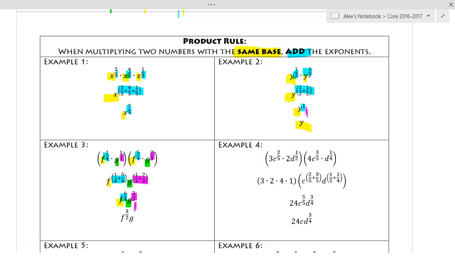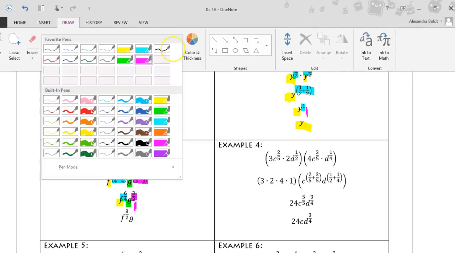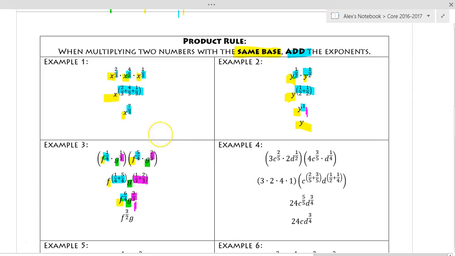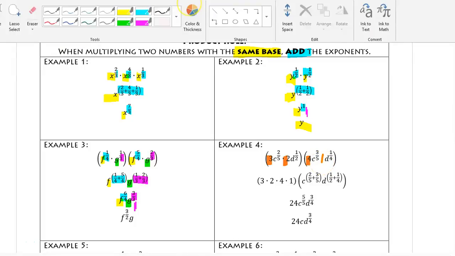All right, example 4 gets a little different because I have numbers, right? Now I have those coefficients out in front. So we're going to do something a little bit different with the coefficients. I'm going to start with looking at my coefficients. I have 3, 2, and 4. And technically, I have a 1 in front of the d there, right?